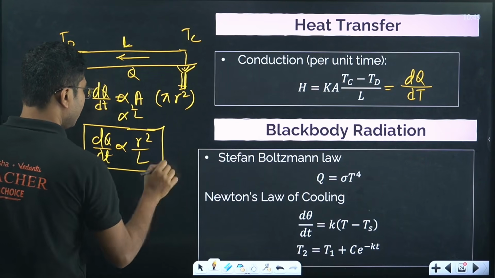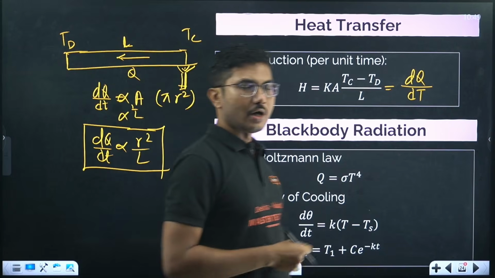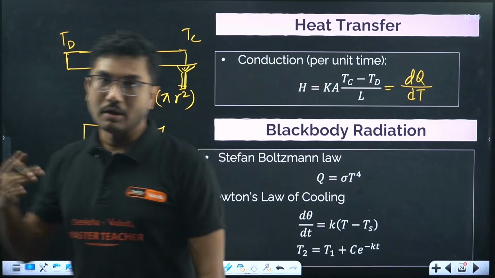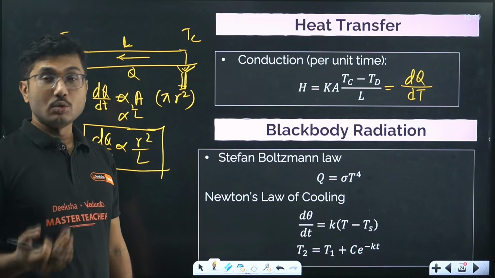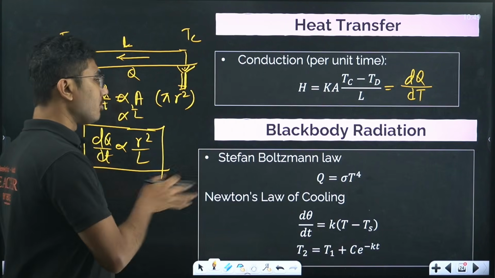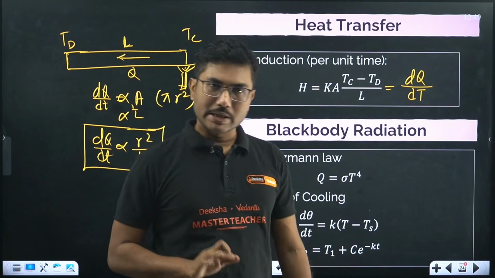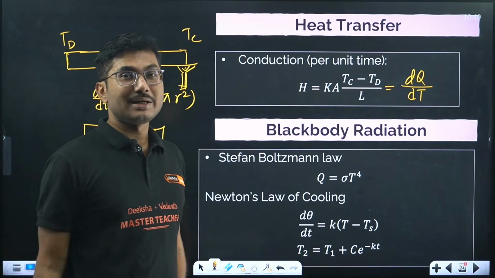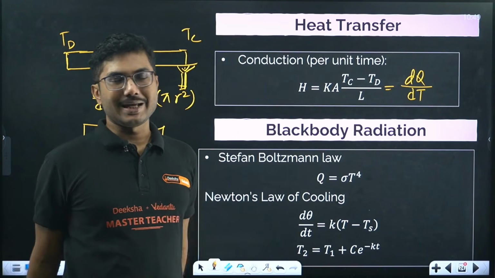So the rate of heat transfer is proportional to r square by L or d square by L, because even though r is d by 2, in proportionality the constant goes away. So if you see a question based on this concept where the diameter is given, don't worry, it is d square by L.